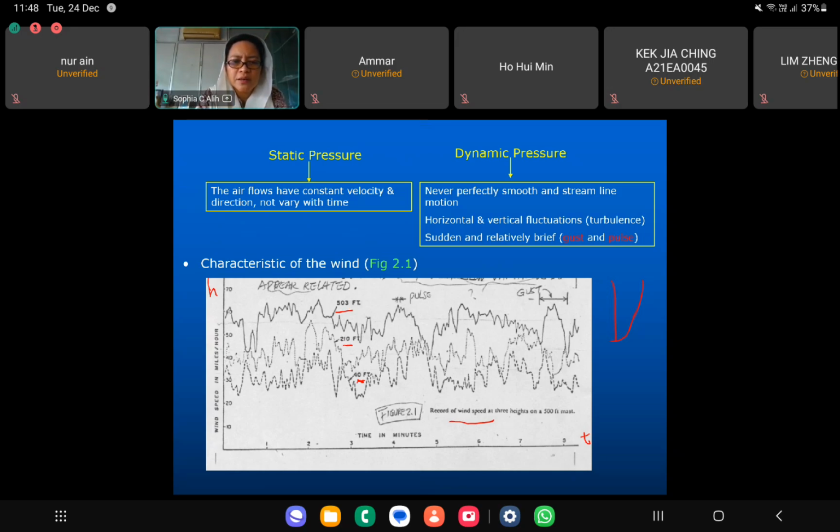And you can see here relatively the pattern is not changing too much, in which the lower ground has lower velocity of the wind and it increases with the height.